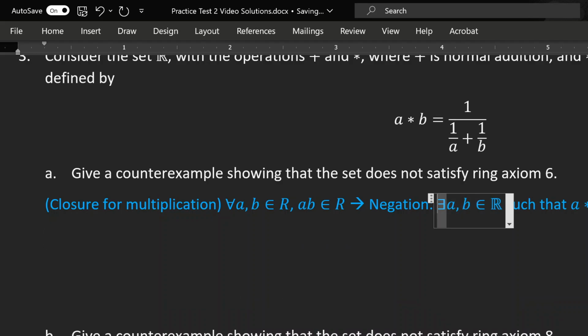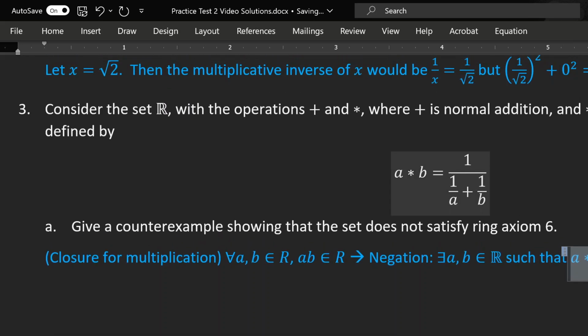So I'm trying to find real numbers A and B such that A star B is not a real number. And if I look at the formula here, I'm just trying to think of any real A and B that I could plug in that would have a non-real result. And the only thing that can go wrong with division in the real numbers is if you divide by 0. And 0 is not excluded from the set, so indeed I could plug in 0.